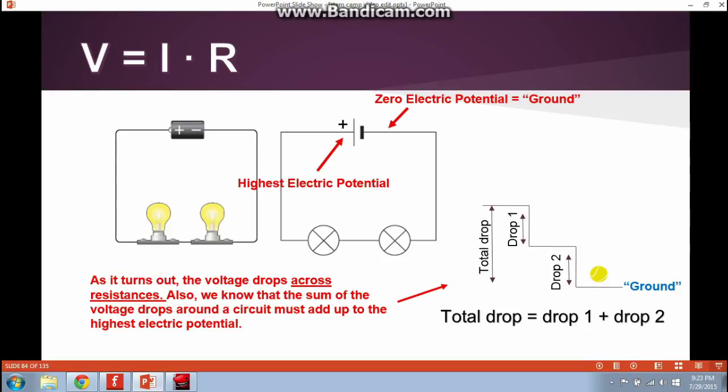You have to reach zero electric potential. That's like the ball eventually falling to the ground, where it can't give off any more kinetic energy. It's already spent all of the potential energy you gave it from the start.